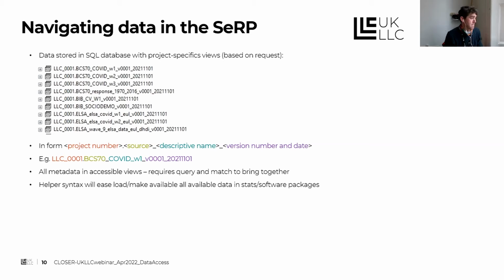So, there's a standard naming convention so that you can identify what's what. So you have your project number as the schema, and then the view name is made up of the source of the data, so the LPS study or NHSD where applicable. Descriptive name of the data, so you know which data set that comes from, and then a version and a date.